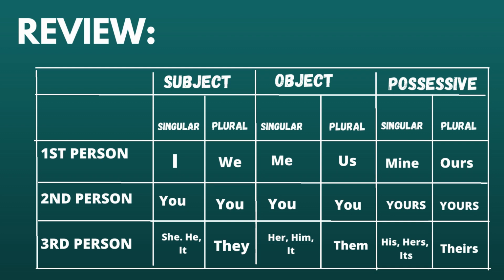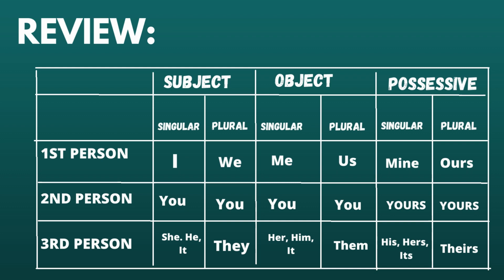Objective case, we have first person singular is me, first person plural is us, second person singular is you, and second person plural is you. Third person singular are her, him, it, and third person plural is them.